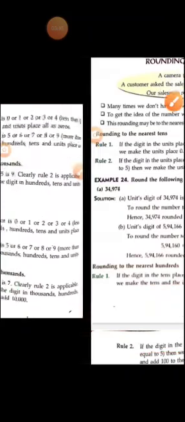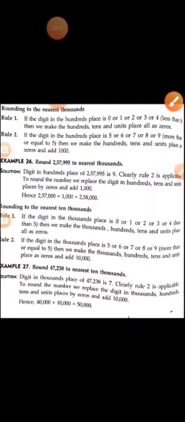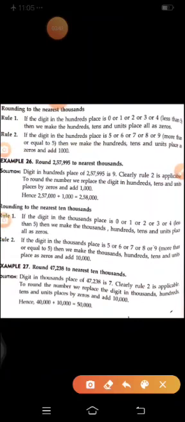Okay, students. Now the next topic is rounding off to the nearest 1,000. Same as before, here also there are 2 rules. First, we will check the 100 place here. If the 100 place digit is less than 5, then we make the hundreds, tens and unit place 0.